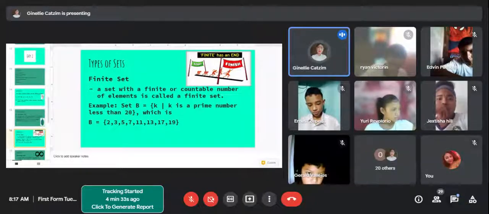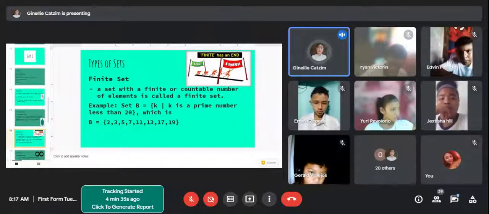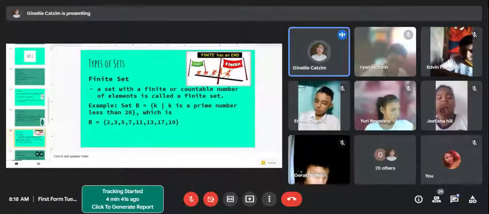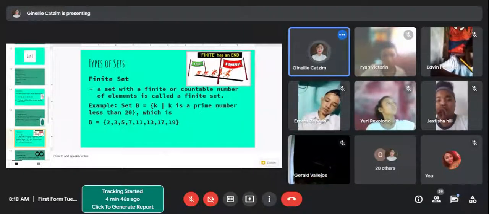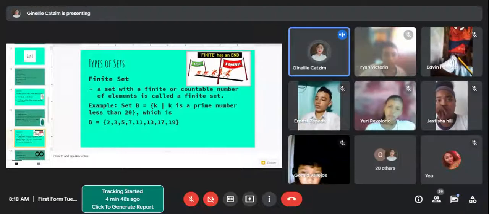Maybe you have a t-shirt, a shirt, pants, you can count them, right? So that is finite. We have here set B where K is a prime number less than 20. All the elements in B can be counted, so those are finite sets.